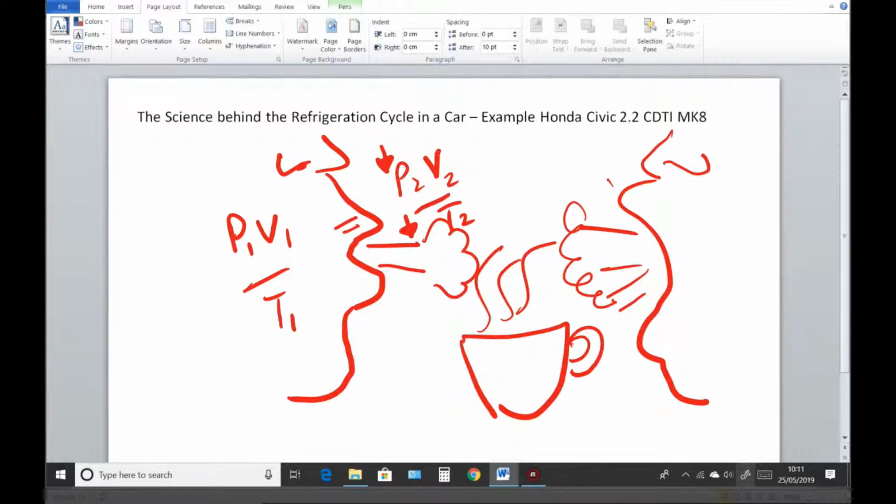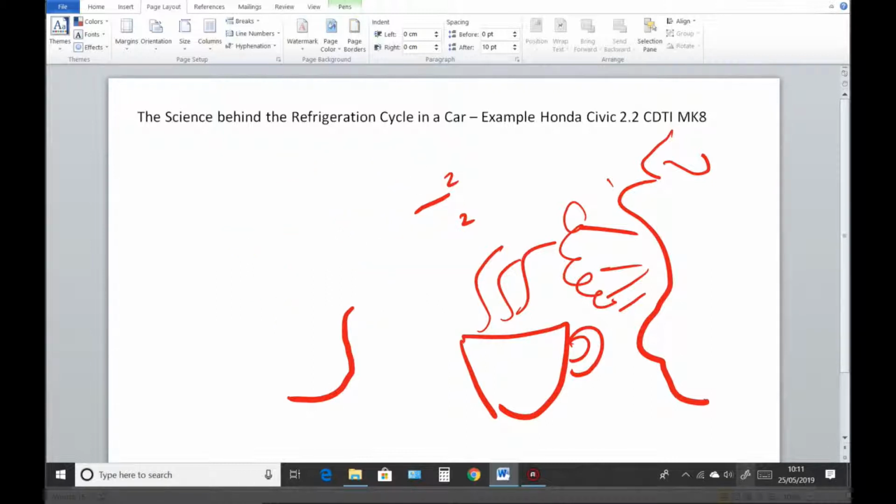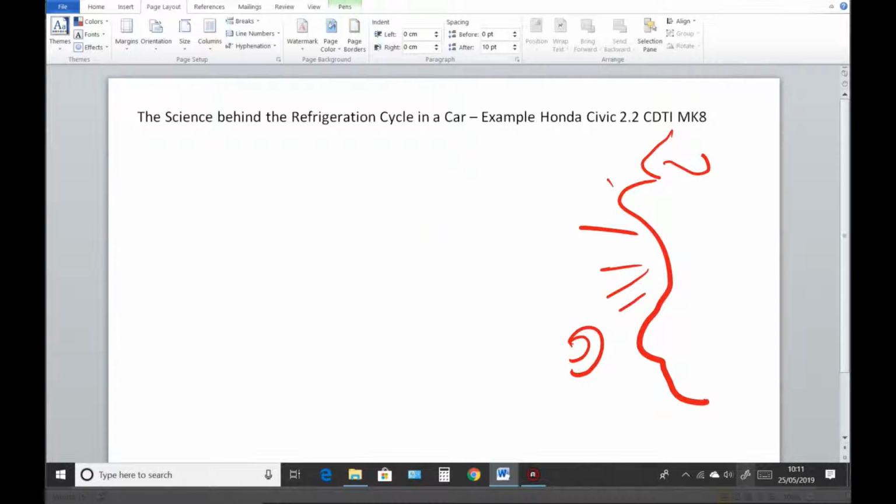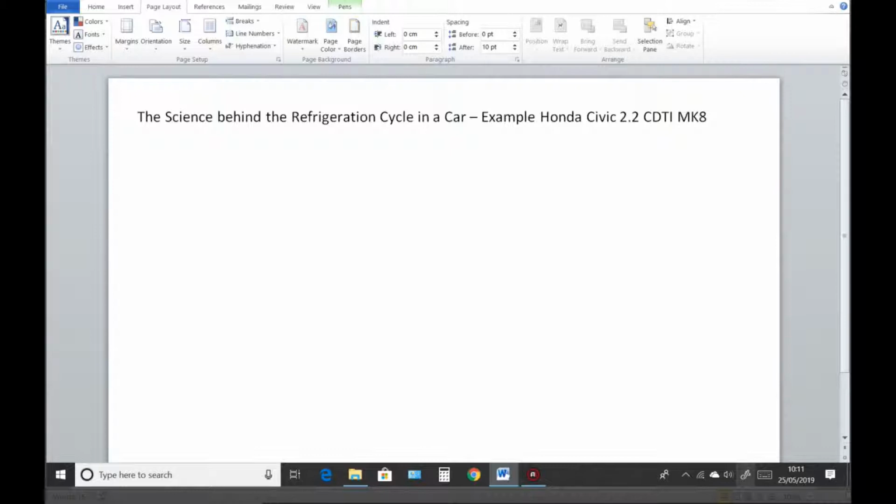Right, another example. This rubber is quite good. It raises very quickly. And another example is if you have a can of aerosol spray, and this is going to be pertinent or important for what we're talking about, because we're talking about gases that compress in the air conditioning fluid system in your car.